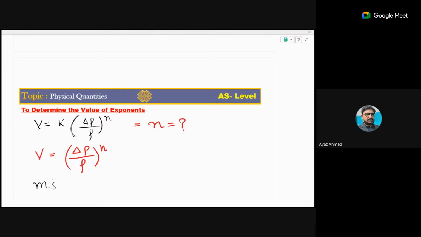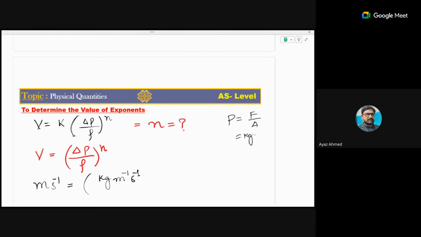So the SI unit of speed is m s minus 1. Pressure is equal to force by area.